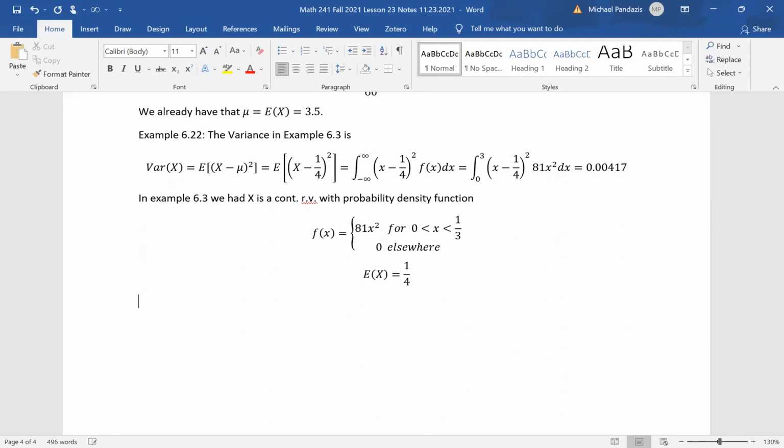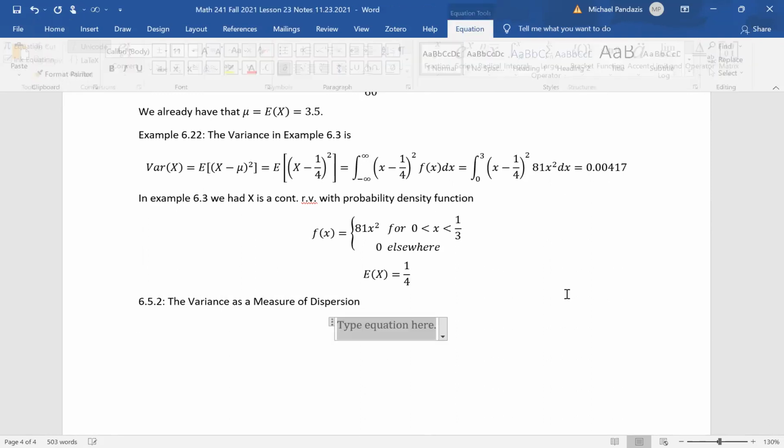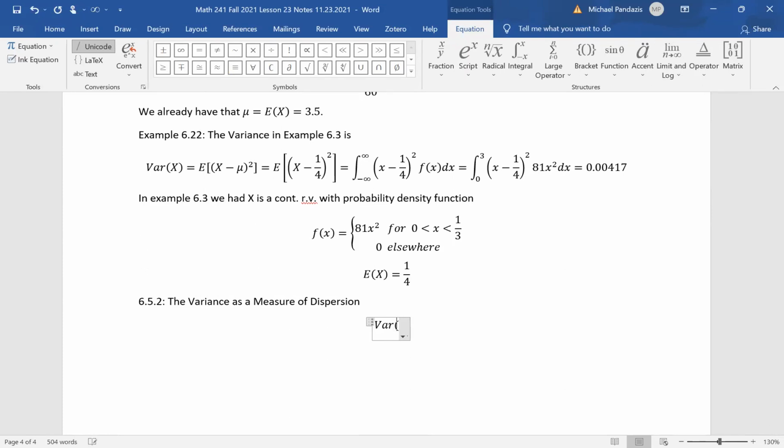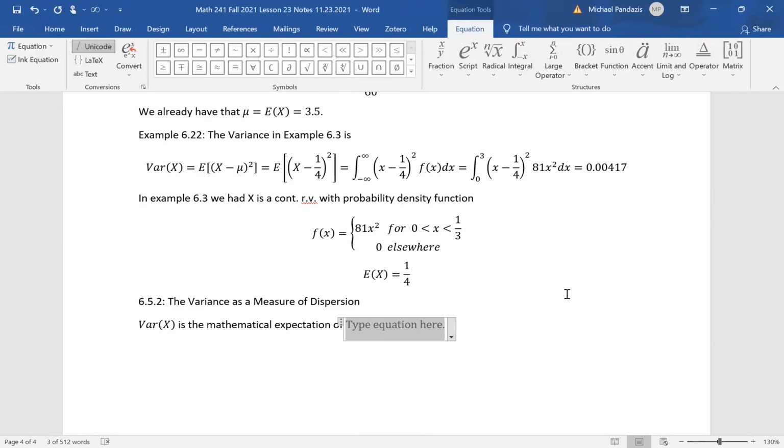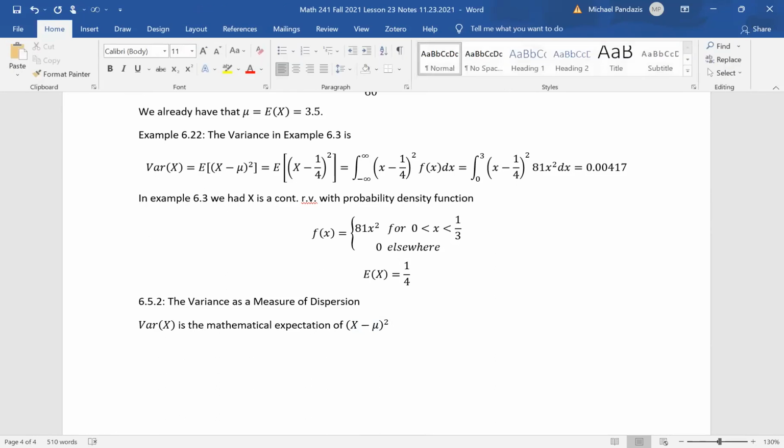Okay, so next is section 6.5.2, which is the variance as a measure of dispersion. The variance of X is the mathematical expectation of the random variable X minus mu squared.